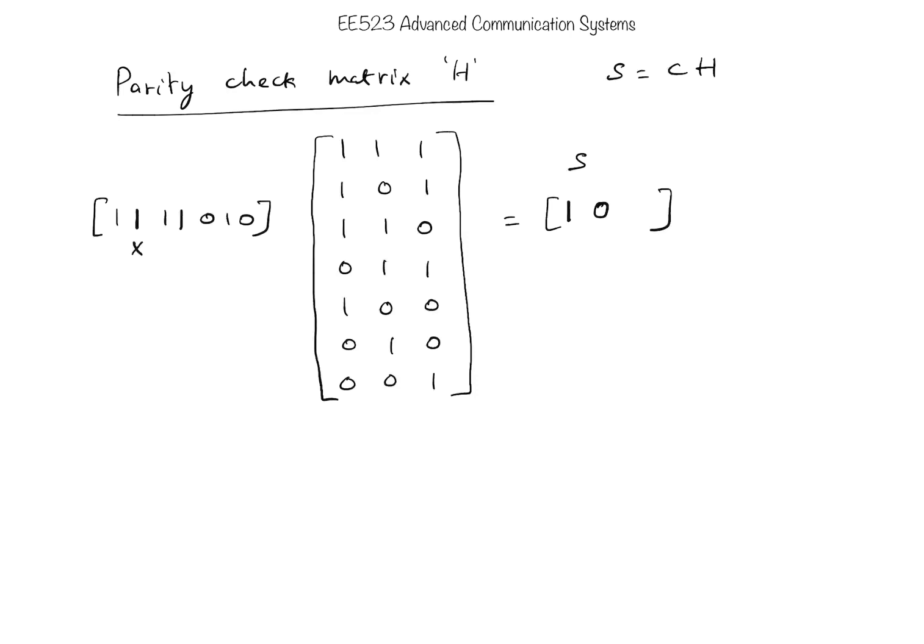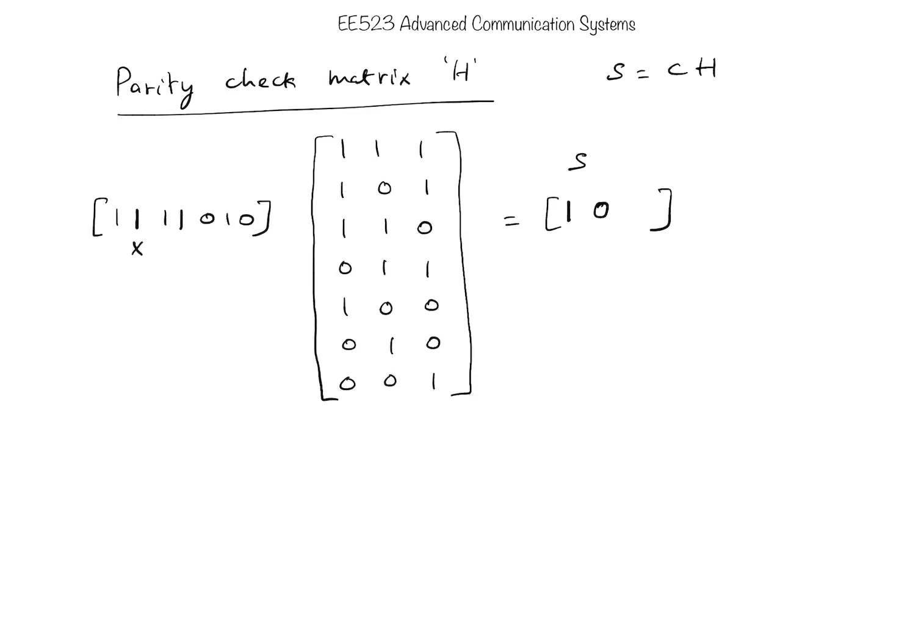And then we do the same thing for the third column. We multiply the code word with the third column of the H matrix. So 1 into 1 is 1, 1 into 1 is another 1, so 1 plus 1 is 2, 1 into 0 is 0, 1 into 1 is 1, so 2 plus 1 becomes 3, 0 into 0 is 0, 1 into 0 is 0, 0 into 1 is 0.